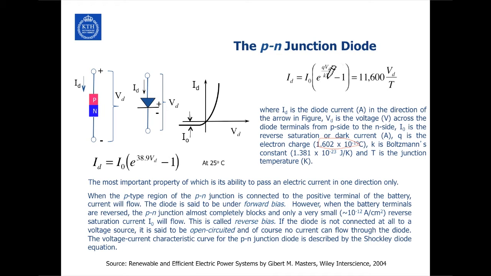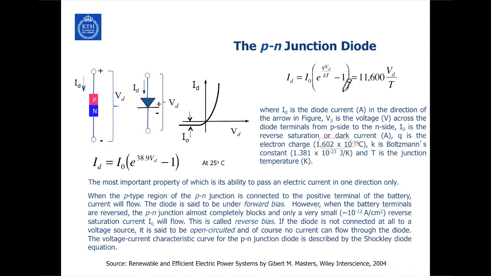It is important to note that the temperature of the diode plays a significant role, and similarly in the solar cell. It will come up again and again; the effect of the temperature we will talk about later.